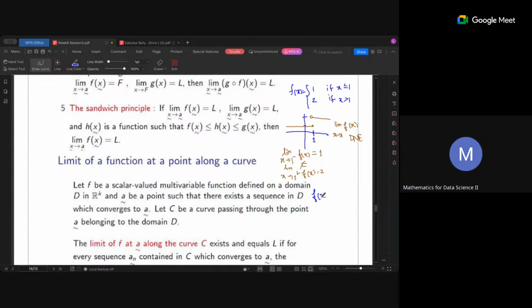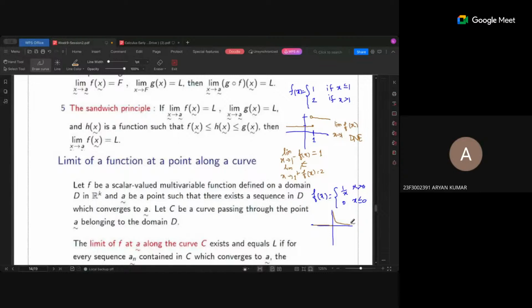So let us take f of x is equal to 1 by x. So how does this function look like? Here it is 0 up to this, and here it is something like this, right?